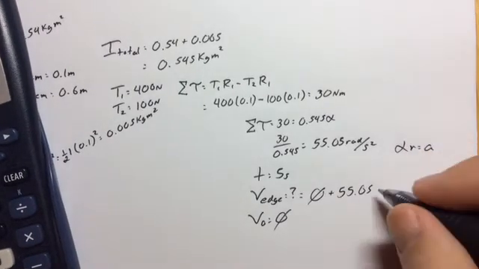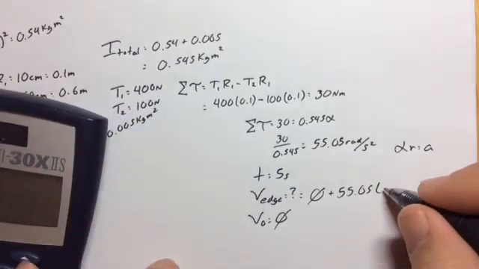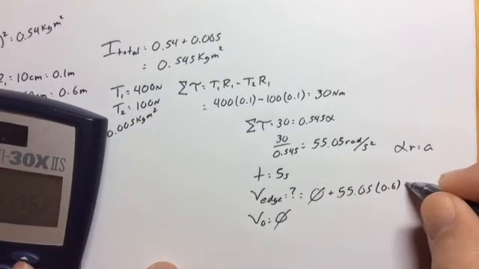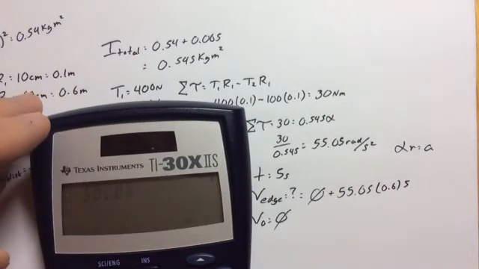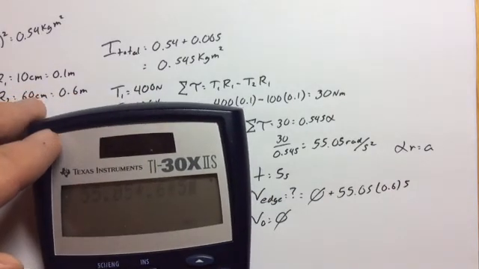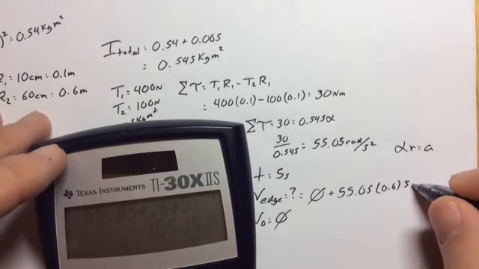Now, what's the r? R is R2. R2 was 0.6. And we have a time of 5 seconds. So let's see how fast this thing gets going. 55.05 times 0.6 times 5 gives me, wow.